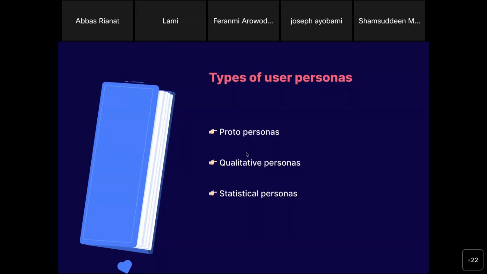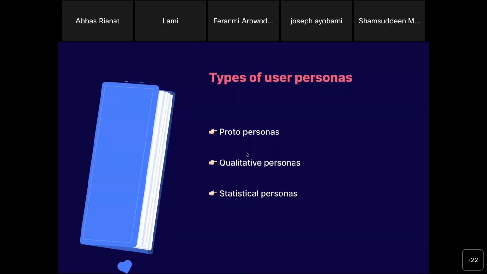Now, what are qualitative personas? We can say that qualitative personas are based on small sample qualitative research. I know you know what qualitative research is, and I really don't want to go into that because I don't want to spend more time on this.